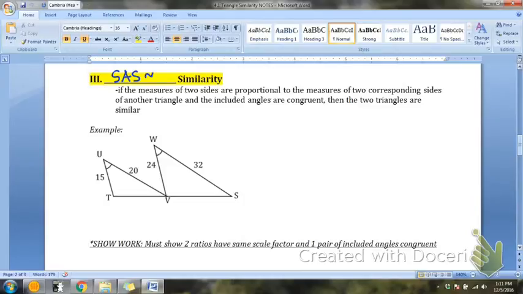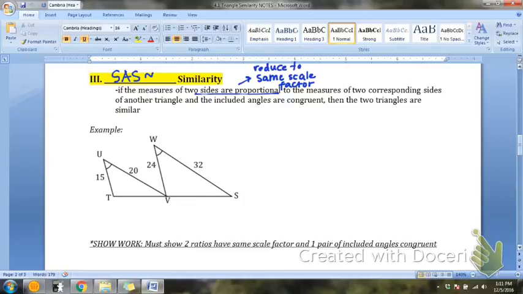But whenever we have sides, they have to be proportional. So that means they have to reduce to the same scale factor. So sides are proportional, they have to reduce to the same scale factor.